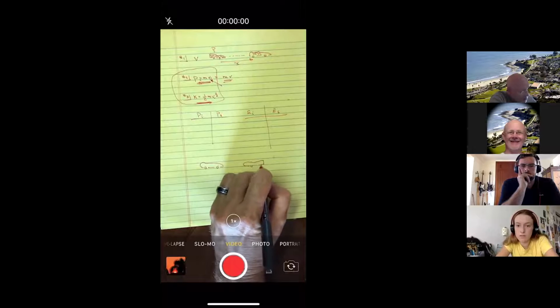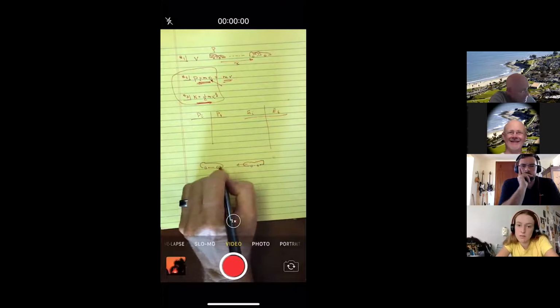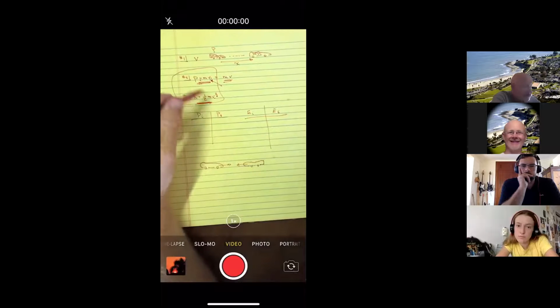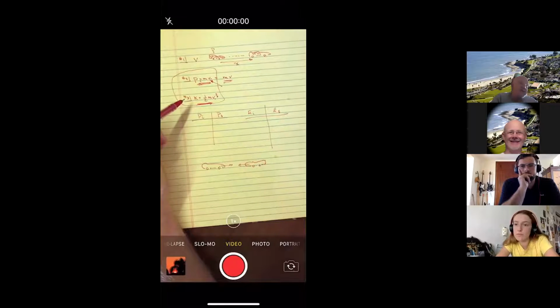Two cars approaching each other might collectively have no momentum. In other words, zero momentum does not mean zero speed if you're talking about two objects. It does if you're talking about a single object. That's the subtle difference here.